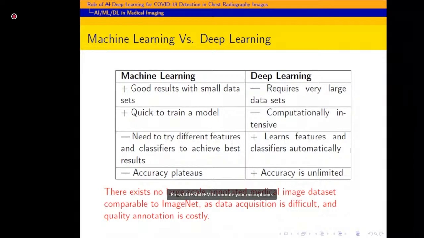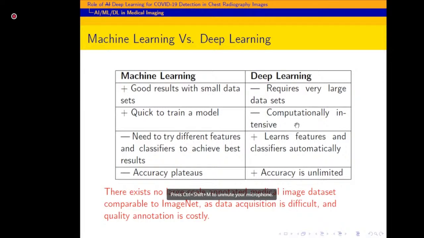Only 100 images. But ImageNet is such a data set, which was proposed in the year 2010. And at that time also, the data set contained 2 million images, right? But now we do not have any such large scale data set available in the case of medical imaging. And deep learning models always demand a high amount of data.